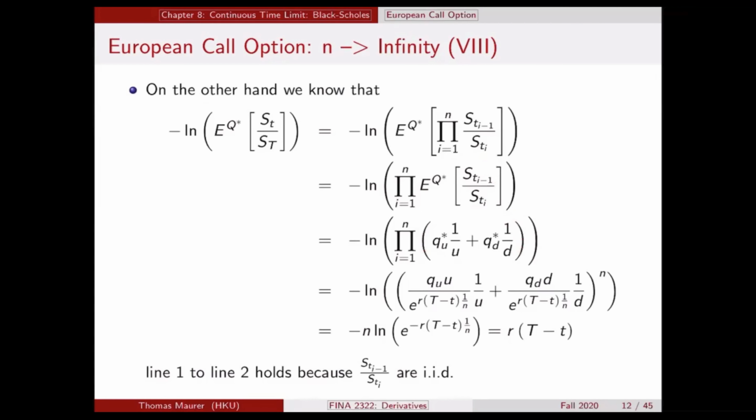Now all I'm going to do is plug in for these Q star variables, which were defined as the risk-neutral probability Q_U times that gross return u divided by the gross return of the risk-free asset. Or for Q_D star, it's the risk-neutral probability of moving down in the tree times the gross return d divided by the risk-free gross return.